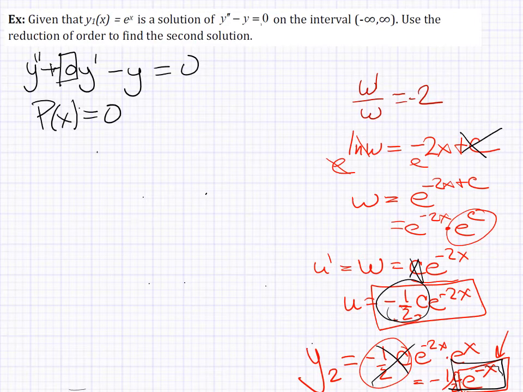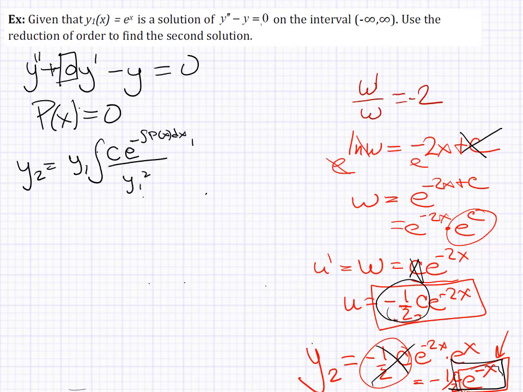So then think about the formula. y2 equals y1 times the integral of c e to the negative integral of p of x dx over y1 squared dx.